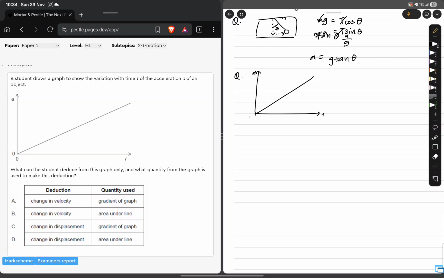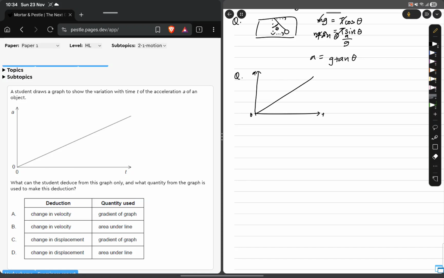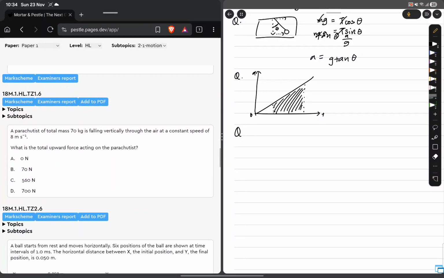So that means that from the graph directly, always in acceleration and time graphs, the area always shows us the change in velocity. And this supports B. It can't be C or D. So this supports B, and it's not the gradient, it's the area. This is just something from the content.